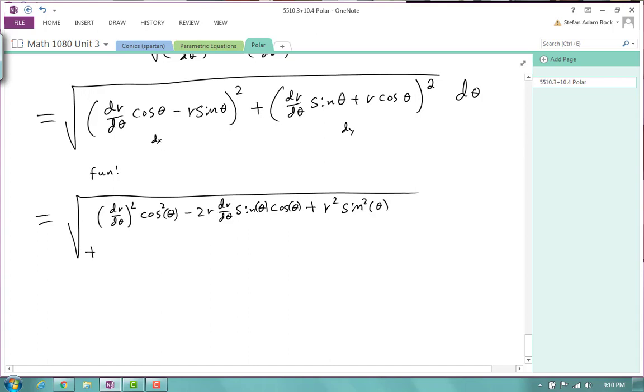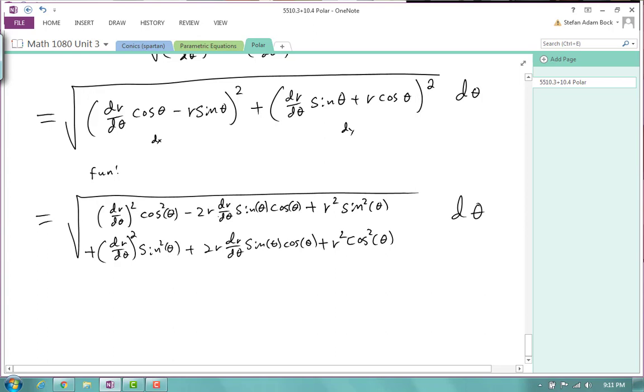Plus the other one from the dy: I'll have dr d theta squared sine squared of theta plus 2r dr d theta sine times cosine, plus r squared cosine squared of theta. There's a d theta waiting patiently outside.